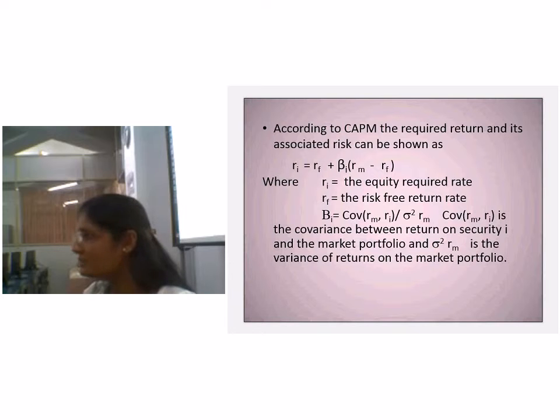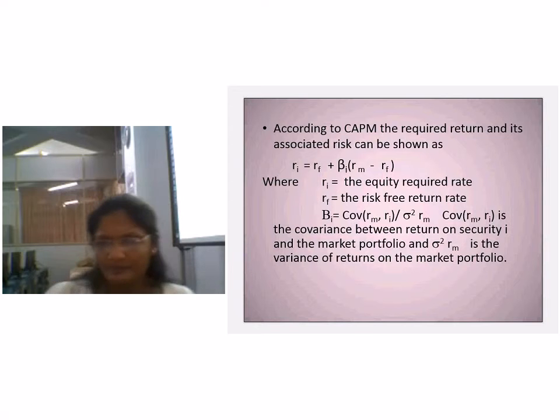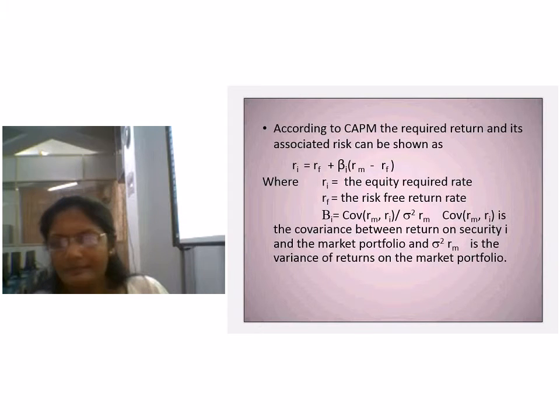Therefore, when we calculate the cost of equity of a multinational company, we have to think of the calculation of beta specifically, because the systematic risk of the domestic company is different from the systematic risk faced by the multinational company, right? That would be higher or lower. We cannot say that, right? It depends, right? So it is actually a problem.